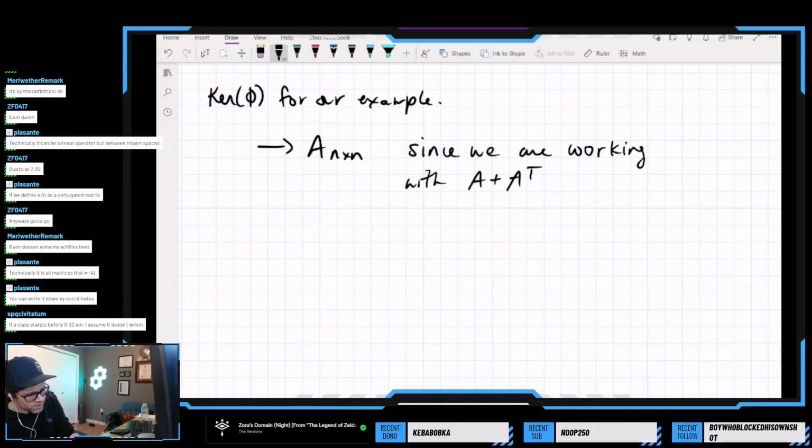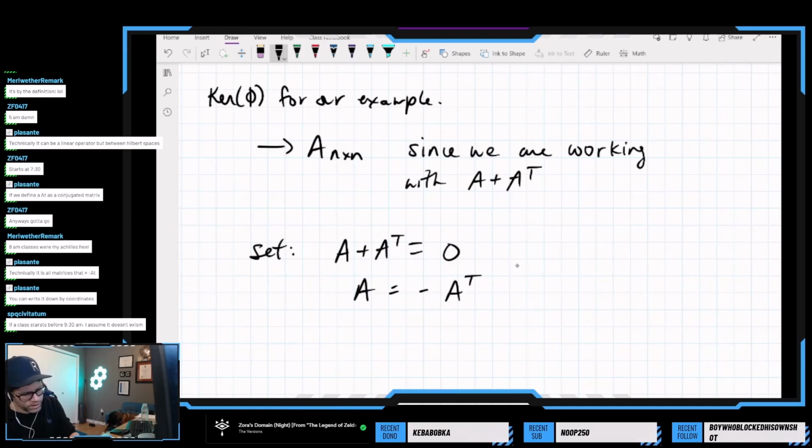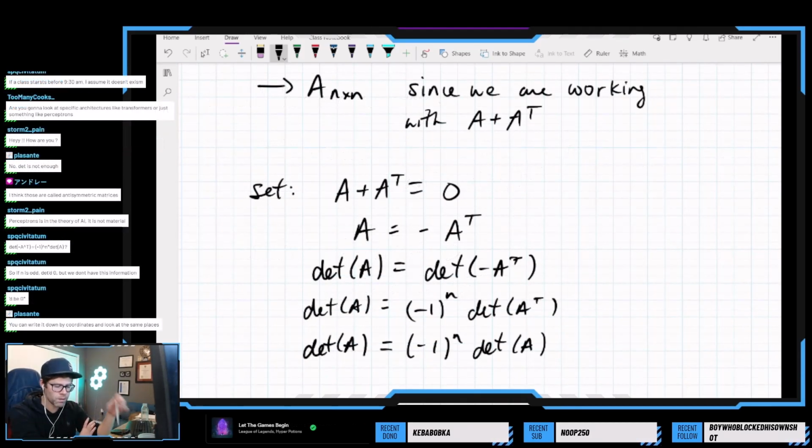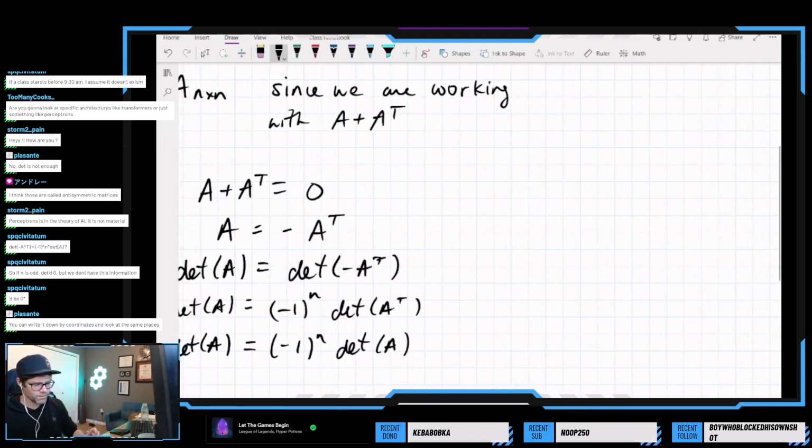Okay, so I think we have to set A plus A transpose equal to the zero matrix, right? So we see that A has to be equal to the negative of its transpose. So they're not symmetric, but they have to be anti-symmetric. So wouldn't they have to look something like this?